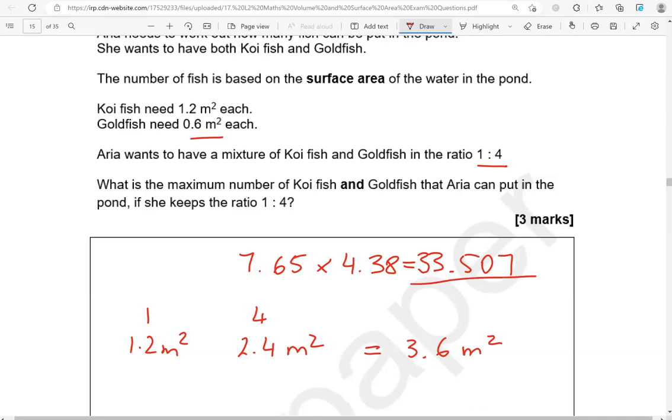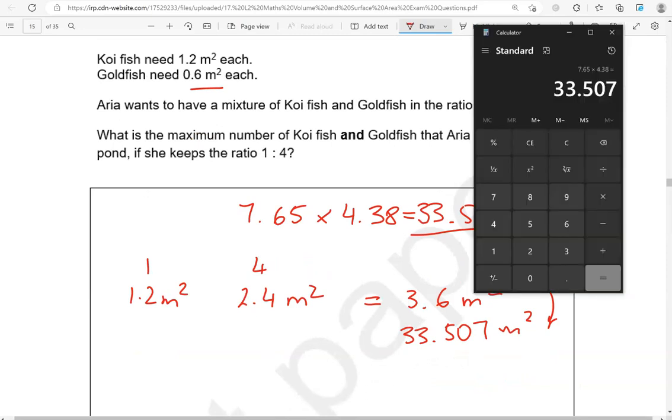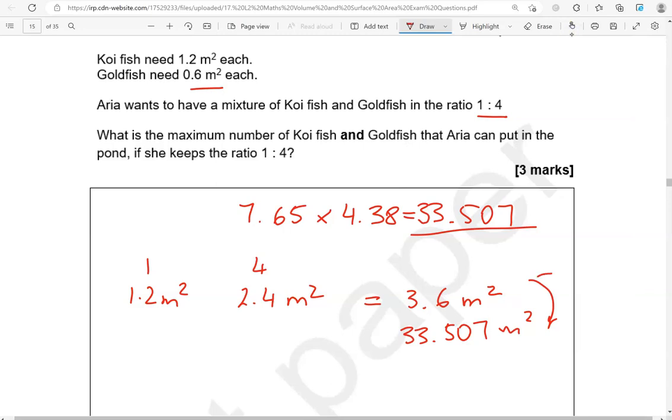She has 33.507 square meters. So how many times larger is that than 3.6? Well, we're going to divide it by 3.6 and it gives us 9.3075. So we'll multiply by that.